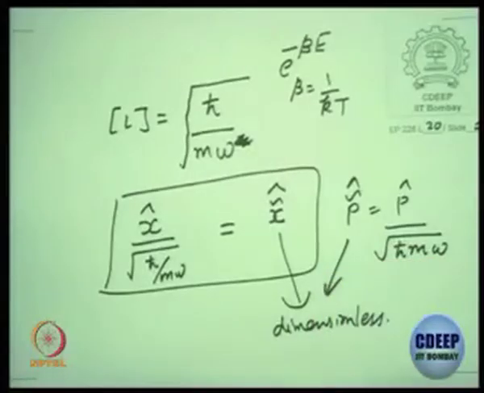This is the first motivation. If you see any books, they start dividing by these factors. It's nicer to work with dimensionless operators using the allowed parameters which are there in your given system.